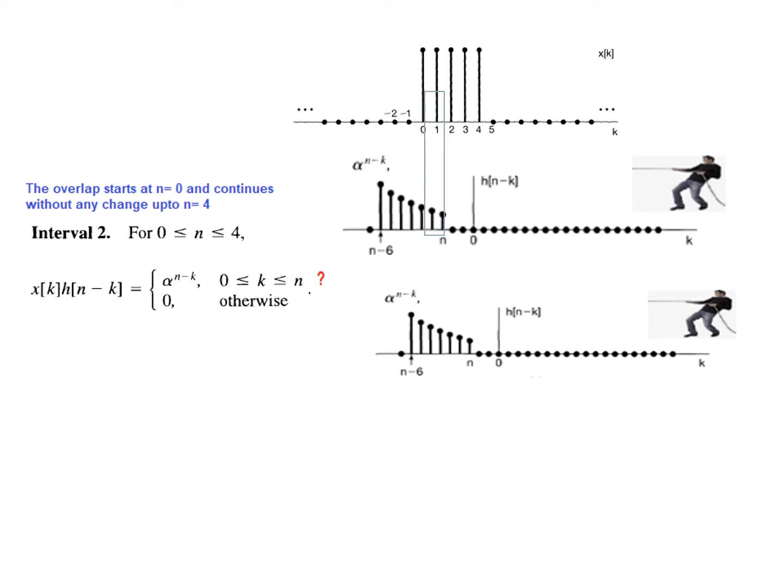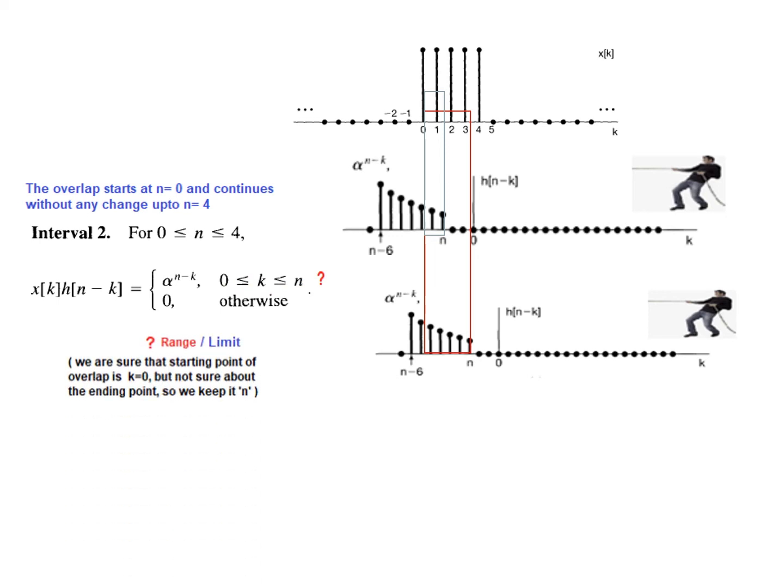Same is true from this diagram. We have moved it a little further, and here also you can see that the starting point is 0. We are not sure from here, but we are sure from here it is 0. And similarly the ending point, we are not sure from here, but we are sure that it is n from here. So that is how you decide the limits.